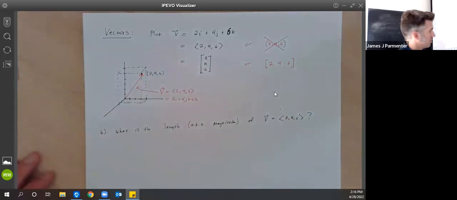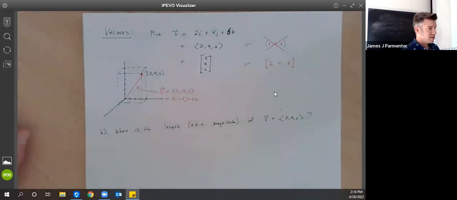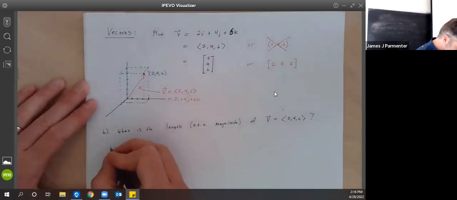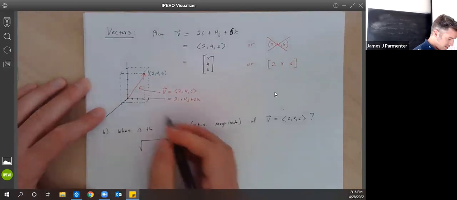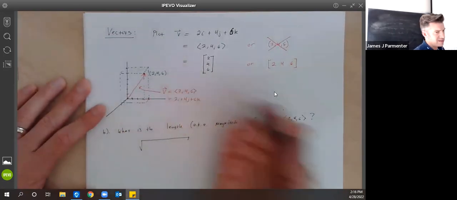Well, we just talked about the distance equation. The length of a vector is literally the distance from its originating point to its terminating point. This is again why it's convenient to think of the originating point as the origin, because then the length of this vector is just going to be the square root of the first coordinate minus 0 squared. Well, I don't need to subtract 0.